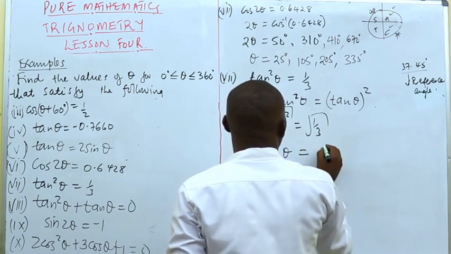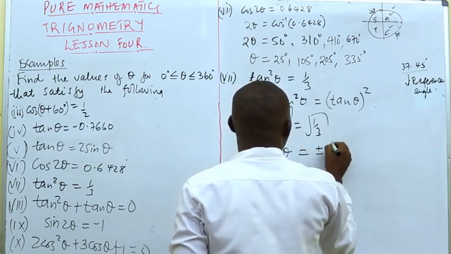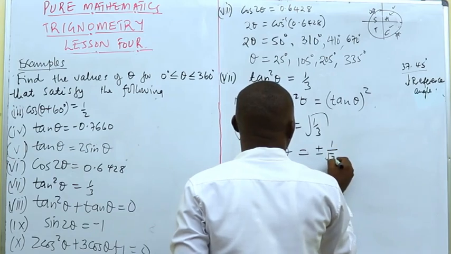So tan theta is equal to plus or minus 1 over root 3.